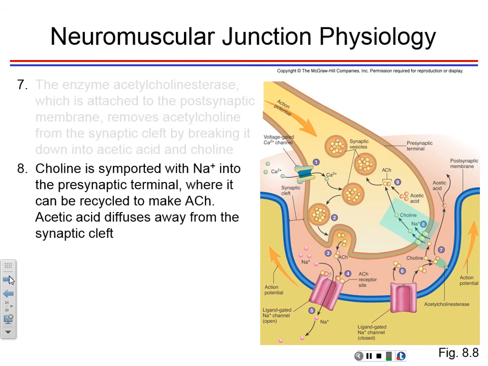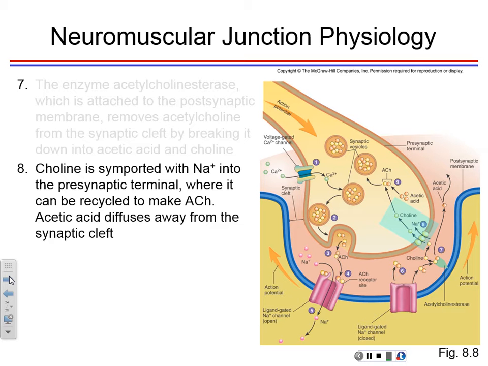remember when we did transport and we did symport, uniport, and antiport. What does a symport do? It will transport two molecules in one direction, right? So what happens is that there are sodium channels, right there at the presynaptic membrane on the synaptic knob, that when they're transporting sodium into the synaptic knob, they will piggyback choline with them.